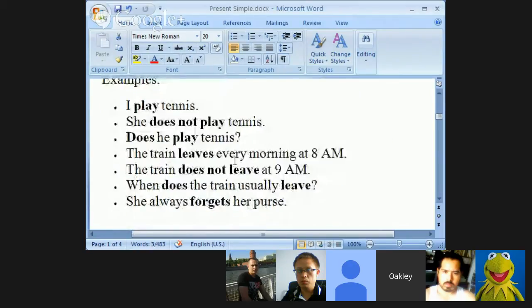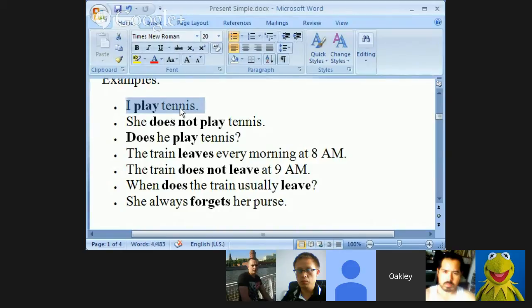Using these examples, we're going to make our own sentences. And when we make our own sentences, feel free to play around. Test yourself. Create a negative sentence. Create a negative question. Create a two-subject sentence. Create a two-verb sentence. Go wild. Test yourself and see what you can do.